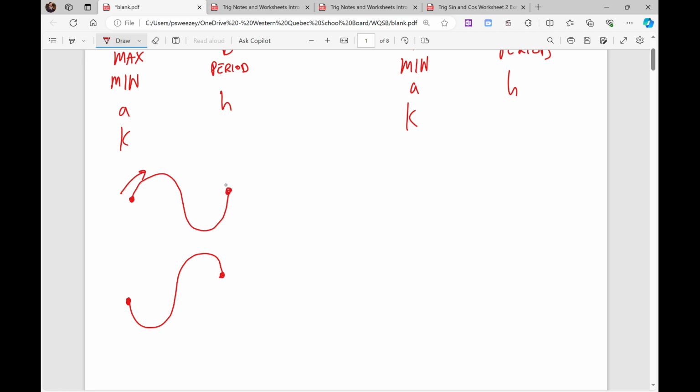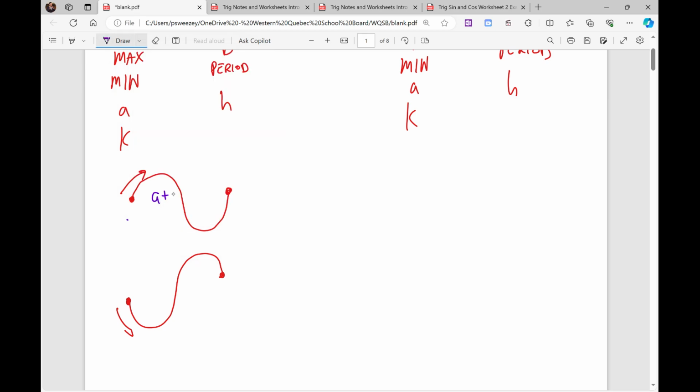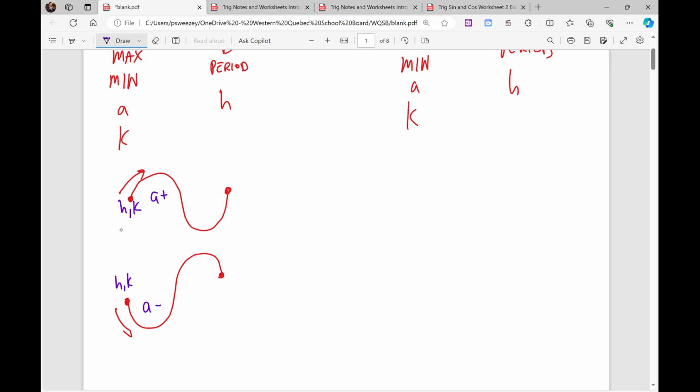Now cosine ones are a little different. I need your help on this one because each grade does things a little bit differently. I do want you to notice that this is where A is positive and this is where A is negative, because from H and K, it's going either down or up. And so that's HK right there.